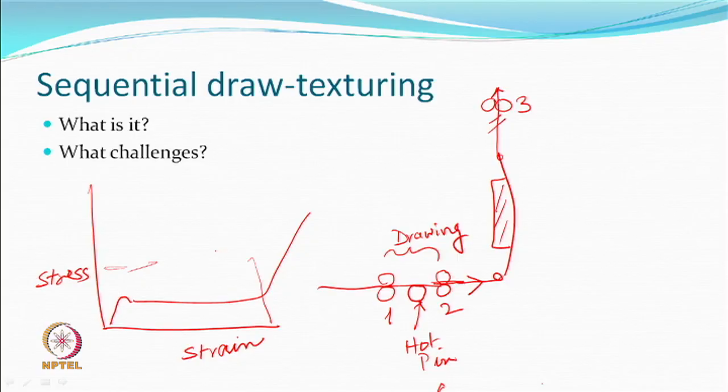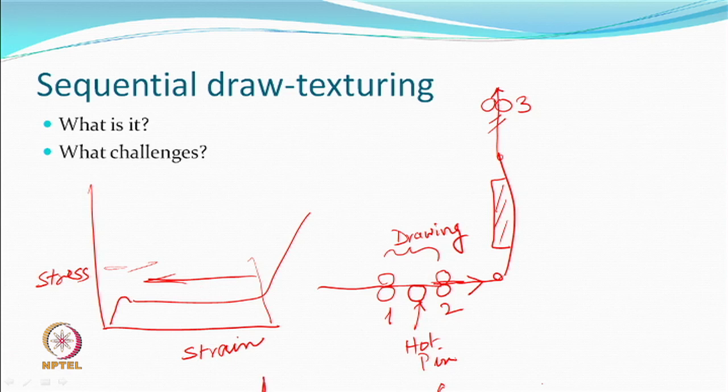The difference between textured and this yarn is that this is not going to go back. When you release the strain or stress, it is not going to go back, it is a transformation. During this transformation, stress induced crystallization or thermal plus stress induced crystallization was also taking place. So, there is no question of the yarn retracting back to the original position. In the stretch yarn, what we saw is that it goes back, and that is what we want, but in this case this does not happen.